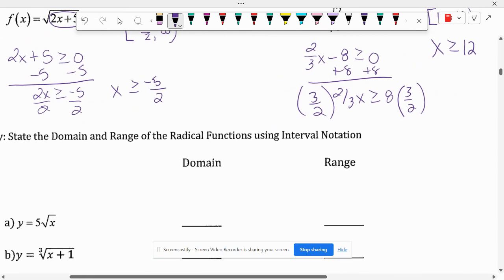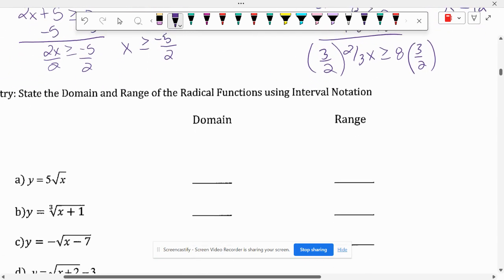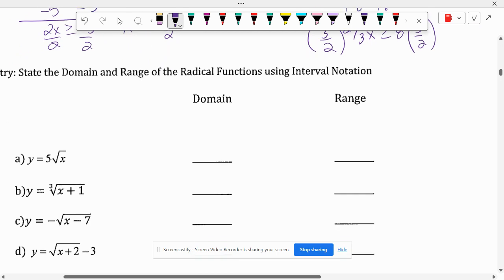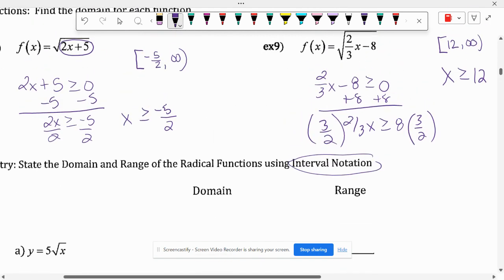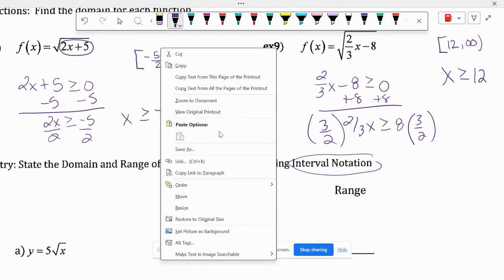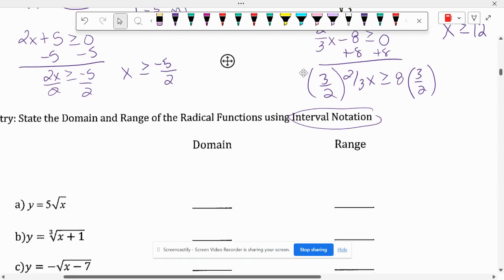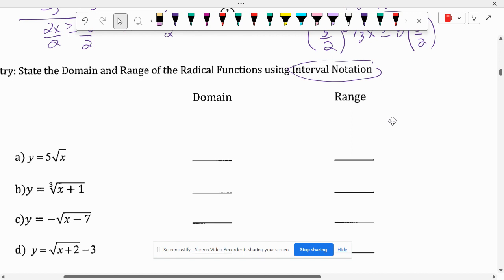Okay. So we are going to state the domain and the range of the radical functions using interval notation. Interval notation, which is what I just wrote up here, because I wanted to make sure you guys remember that. So let's look at this. Domain. So this is a square root function. What do we know about square root functions?